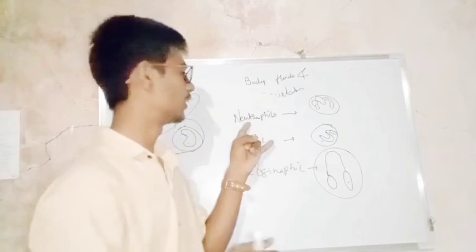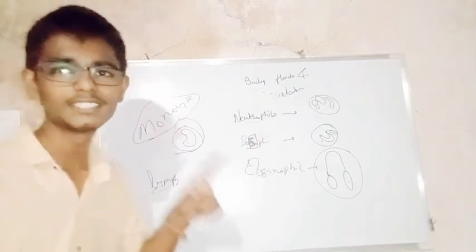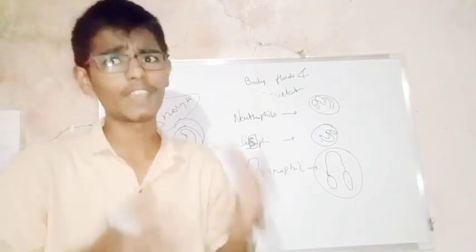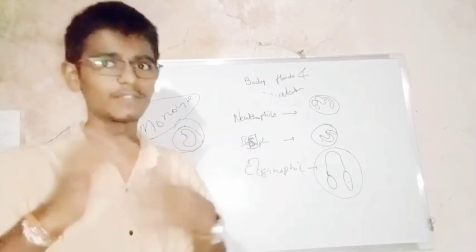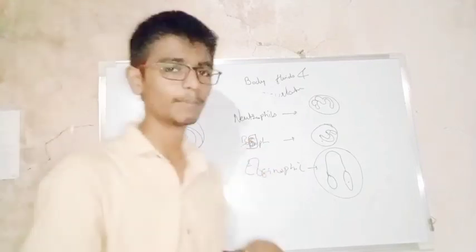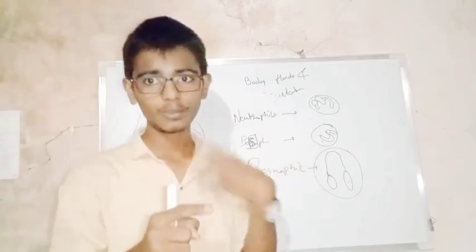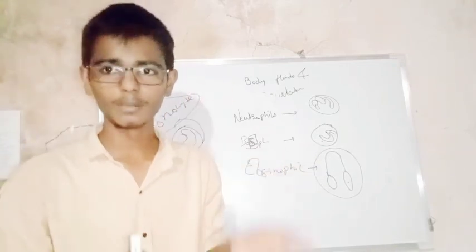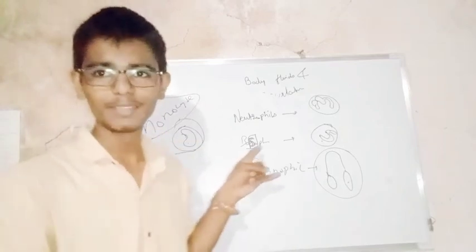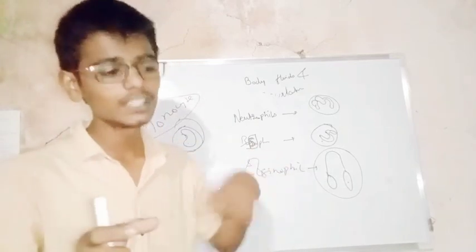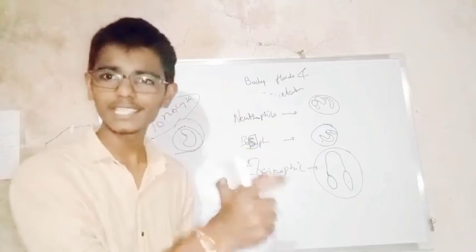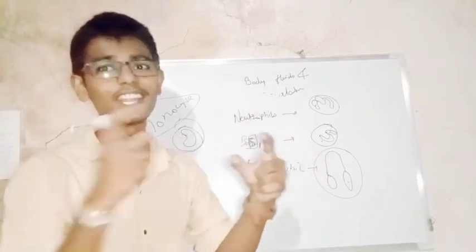The function of neutrophils and monocytes is the same, that is, they are phagocytic in nature. And that is for the basophils. Here I am going to give one more thing to remember the structure. For basophils, S stands for secretion and S stands for shape.